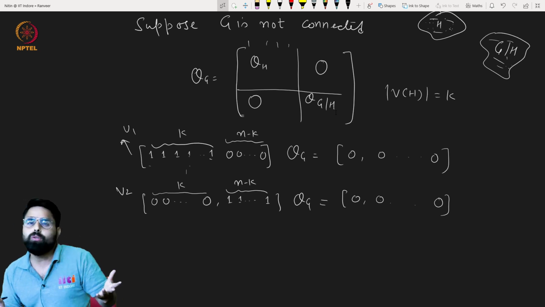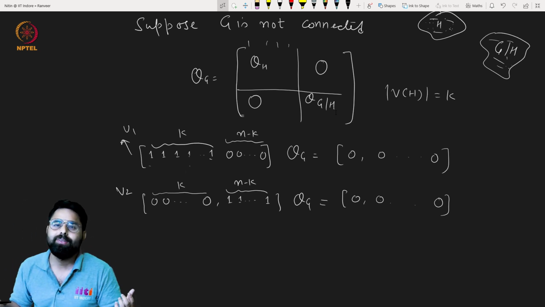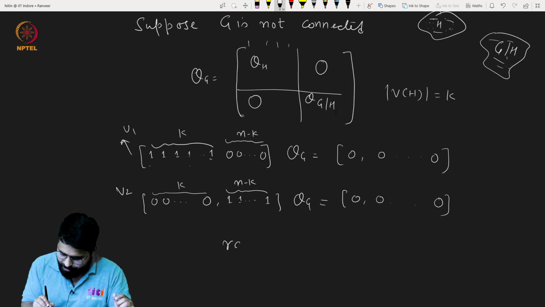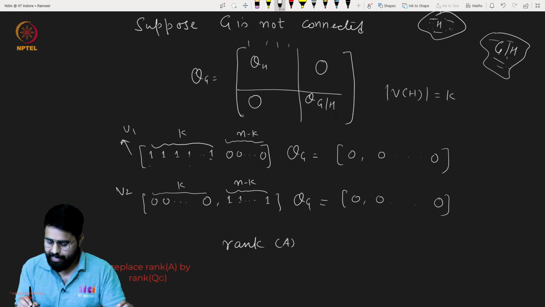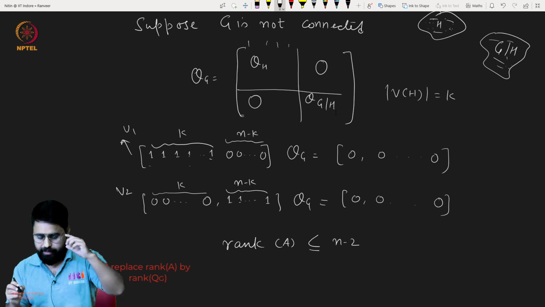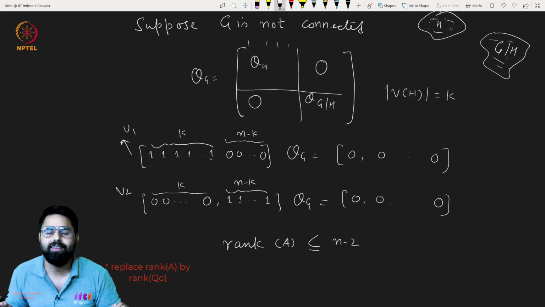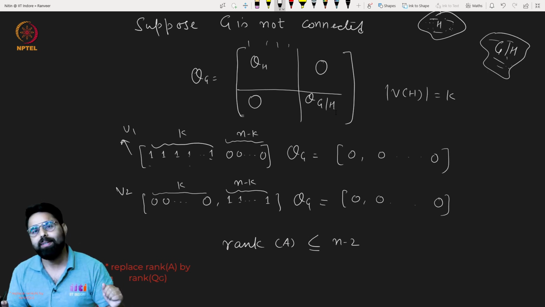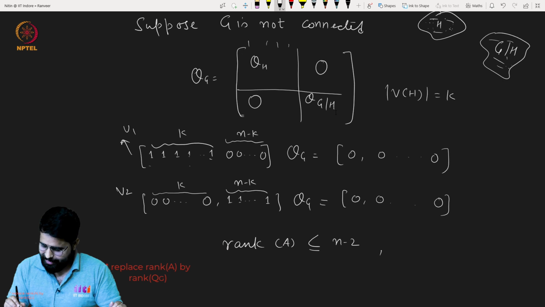So there are at least 2 independent vectors in your null space. So by the rank-nullity theorem, the rank of A will always be at most n minus 2. But what is given to us is that the rank is n minus 1.